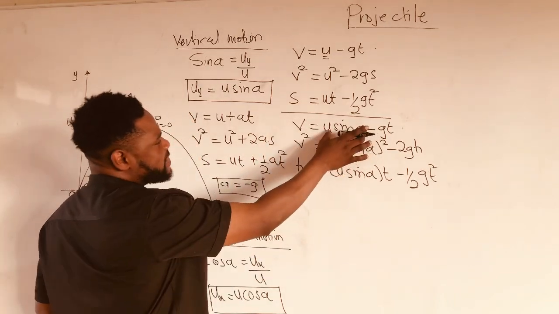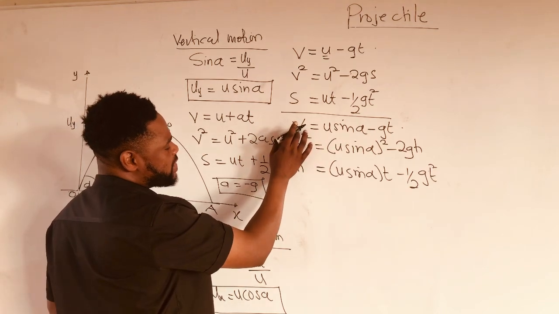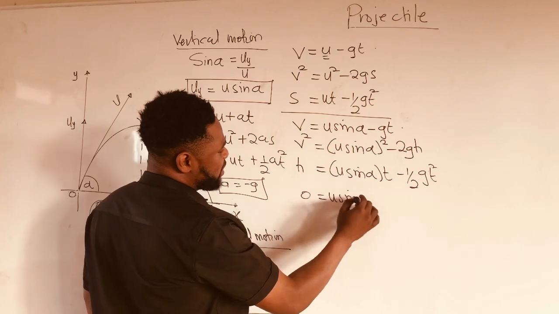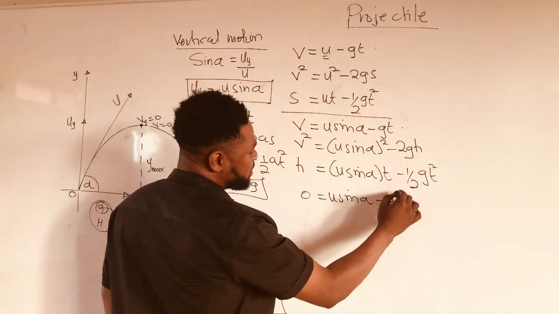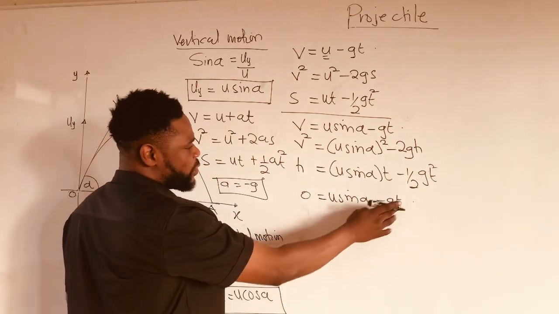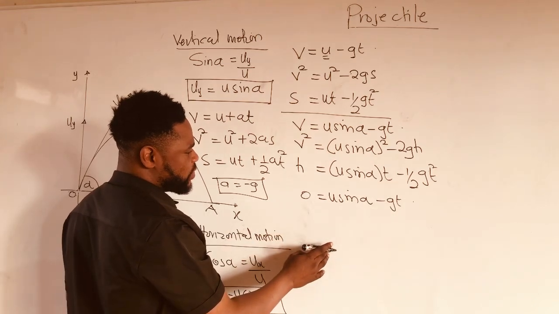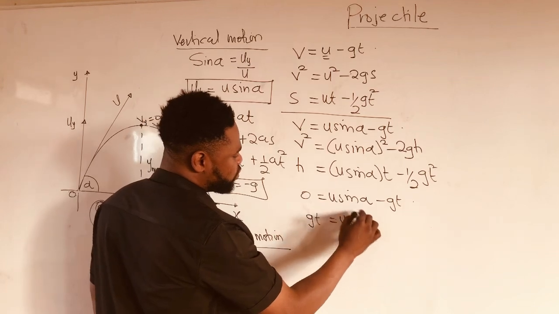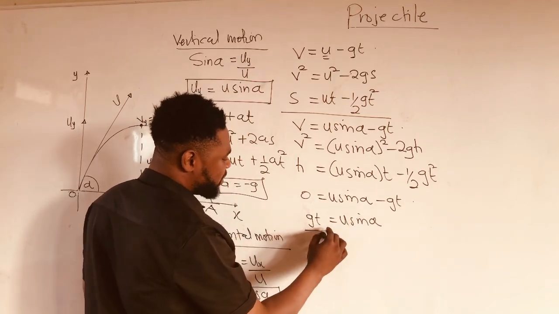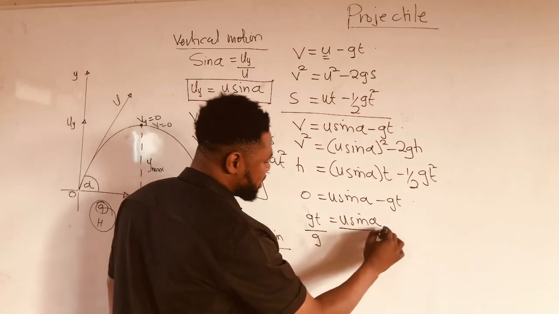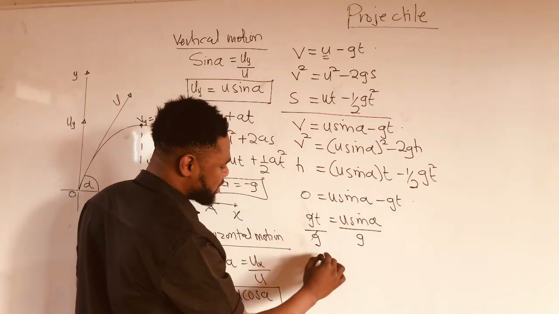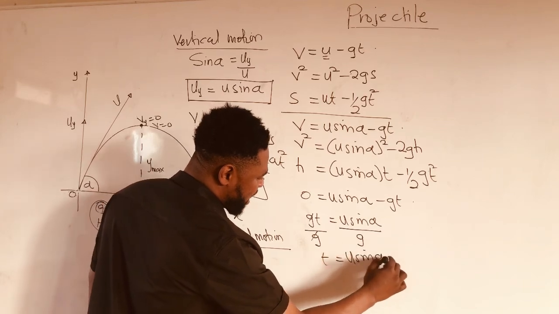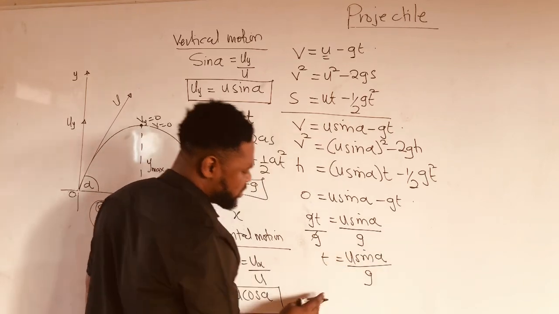If final velocity is 0, from this equation here, we can say 0 equal to u sine alpha minus gt. We want to make t the subject, so we can say that gt equal to u sine alpha, divide here by g, here by g. So t will be equal to u sine alpha all over g.